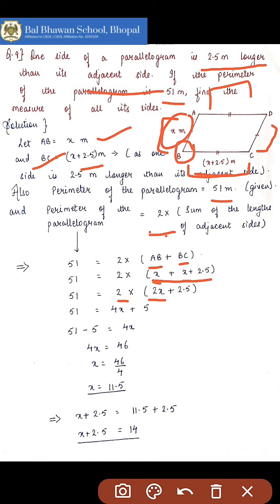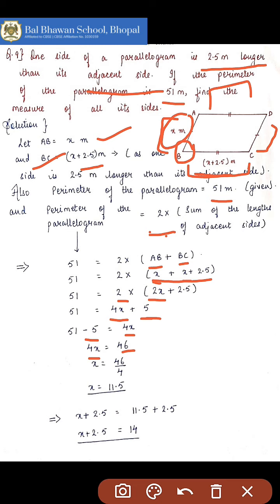So 2 into 2x will give you 4x and 2 into 2.5 will give you 5. This plus 5, when transferred to the left hand side, will become minus 5. So 51 minus 5 will give you what?